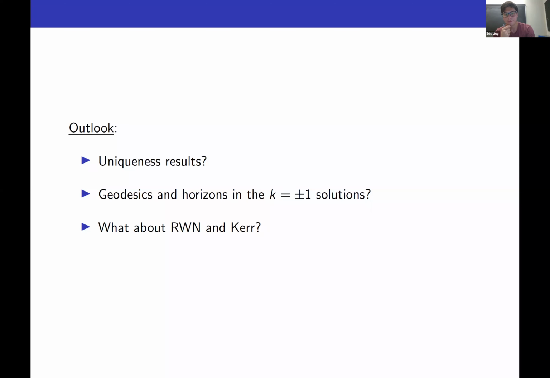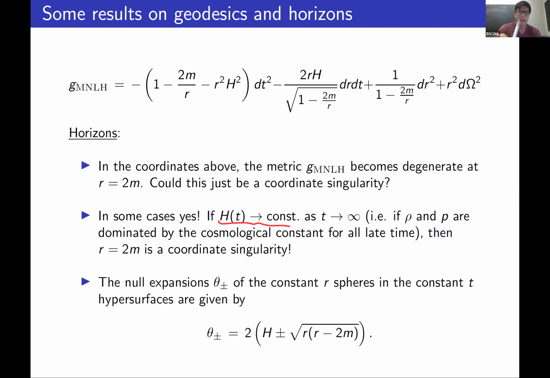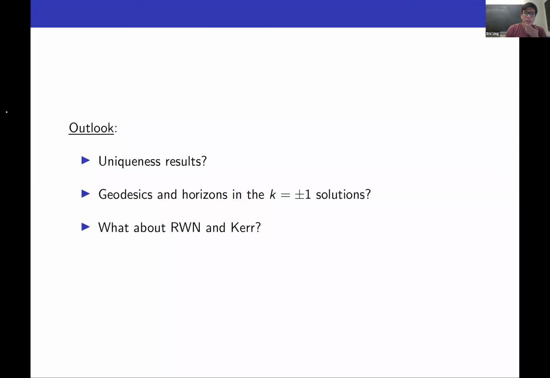And then the idea would be to look at the k equals plus or minus 1 solutions. All of our work so far has just been done on the k equals 0 solutions. But again, you can ask these questions for what happens when you have k equals plus or minus 1. You can play the same game here, but finding specifically the actual functions that you get out is much harder in the k equals plus or minus 1 case.